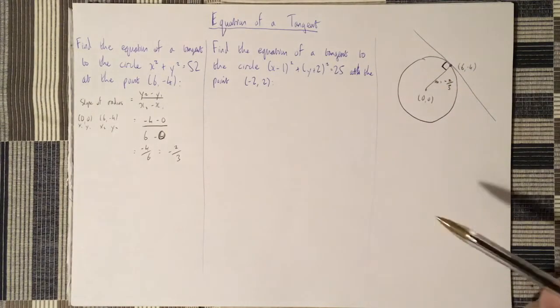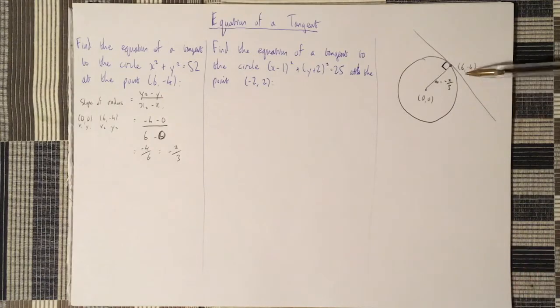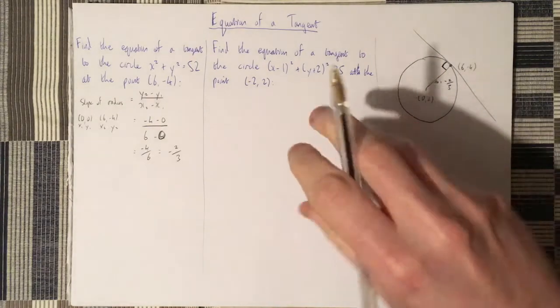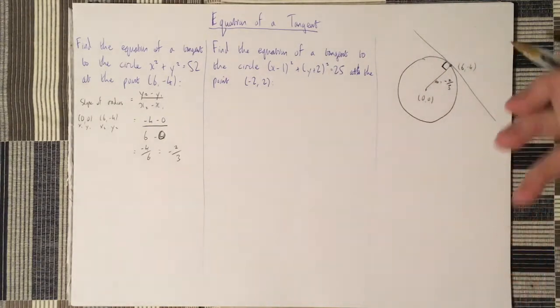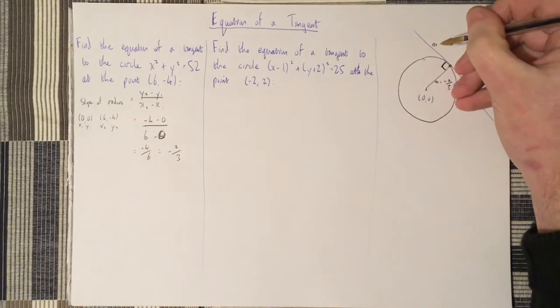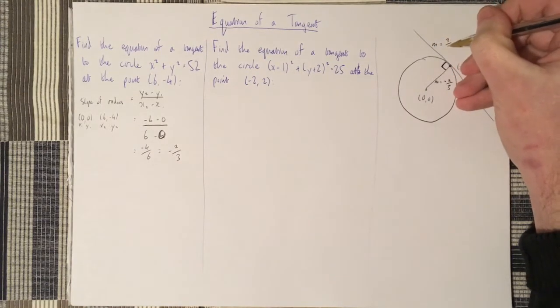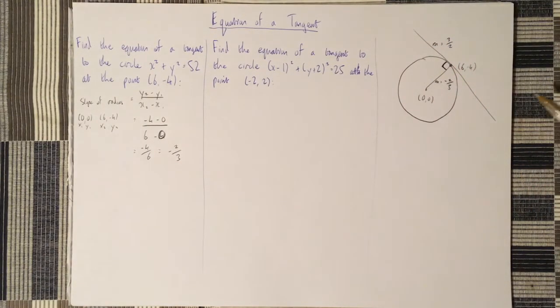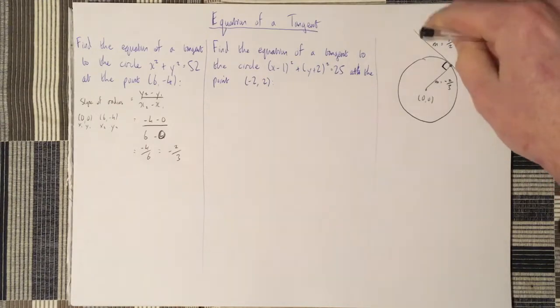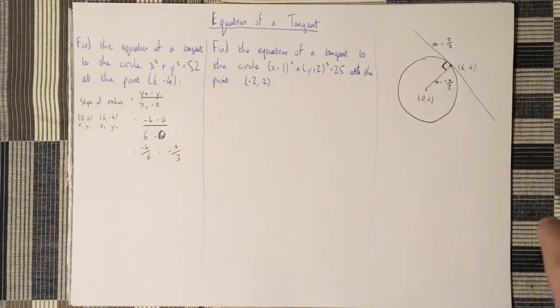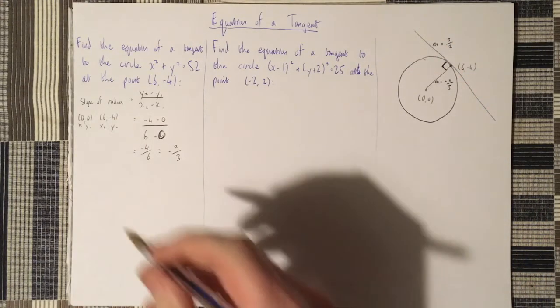From coordinate geometry of the line, you might remember that if the slope of a line is minus 2 over 3, the slope of a perpendicular line is that slope flipped upside down and the sign changed. So we get the slope of the radius, minus 2 over 3, and because this tangent is perpendicular, we flip it and change the sign.